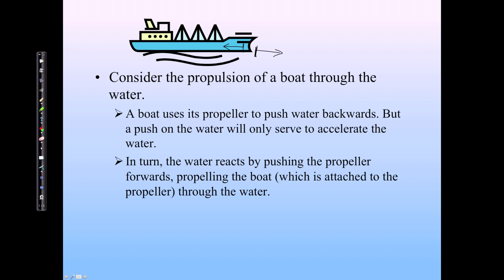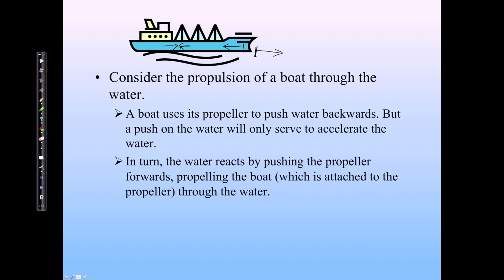Now, you might think, if these are opposite in direction but equal in magnitude, why don't they just cancel out? The answer is that one force is acting on the water and the other force is acting on the boat. If both forces were acting on the boat, for instance, then they would cancel out. If you had a force acting this way on the boat and another force acting this way on the boat, those two forces would cancel out.